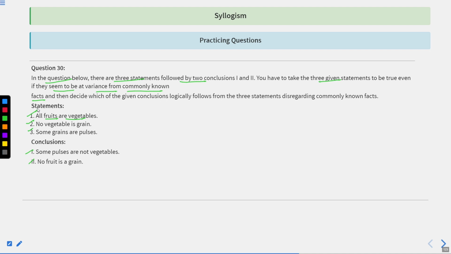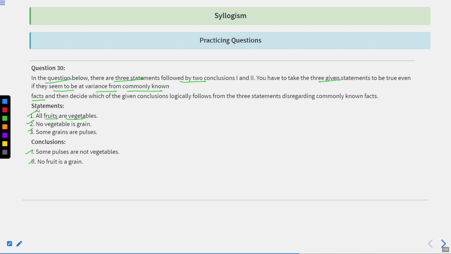I will still remind you that the solutions that have been provided along with these questions may or may not be true. So they can be true, they might not be true. So you have to totally apply your brain. You have to understand the question, the statement, and draw the Venn diagram accordingly.